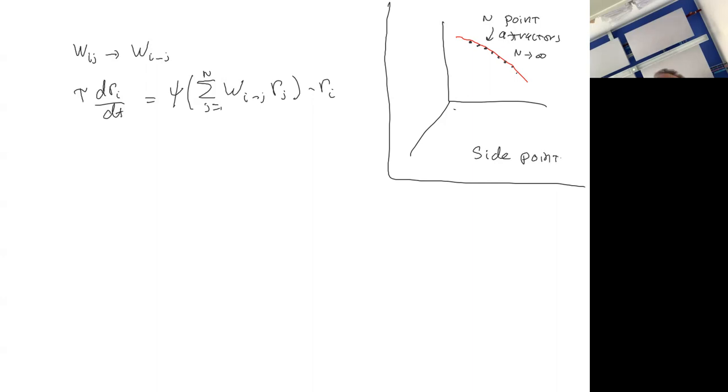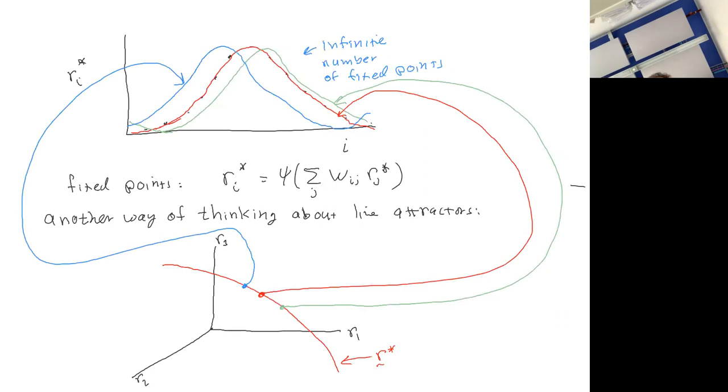And before we called the fixed point R_i star, so the R_i star goes to F_i of theta. So theta tells you the position on the attractor. If you went back to our previous slide, you can think of the coordinate system theta along here.